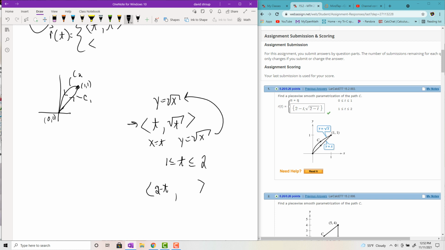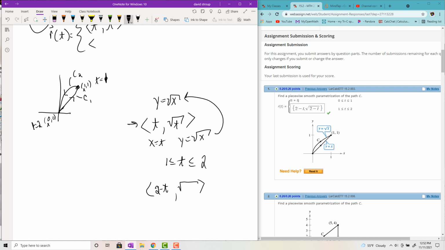When t is 1, that will be 1, and when t is 2, that will be 0. So you're trying to get those x coordinates to work. At t equals 1, I want 1, 1, and then at t equals 2, I want 0, 0.